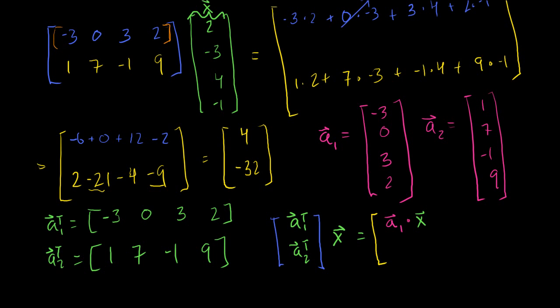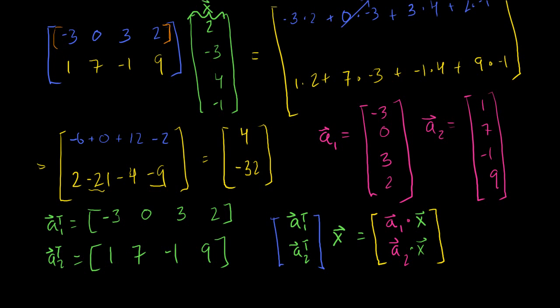And obviously the second row is going to be vector A2 dot x. The second row is 1 times 2 plus 7 times minus 3, minus 1 times 4 plus 9 times minus 1. So just like that. This is one way to view it: a matrix times the vector is just the transpose of its rows dotted with the vector you're multiplying it by. This is one way to perceive matrix multiplication.